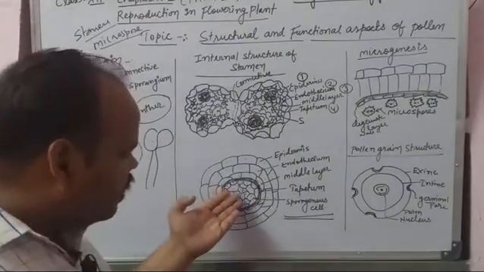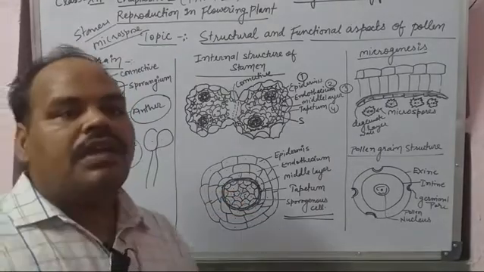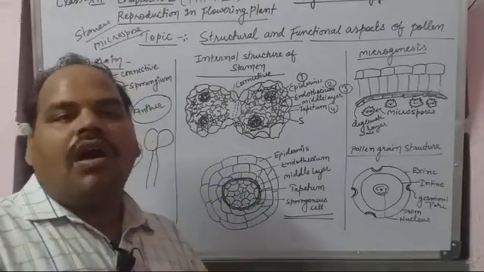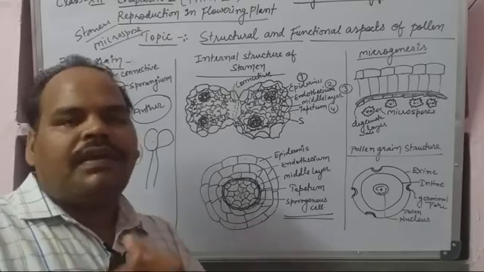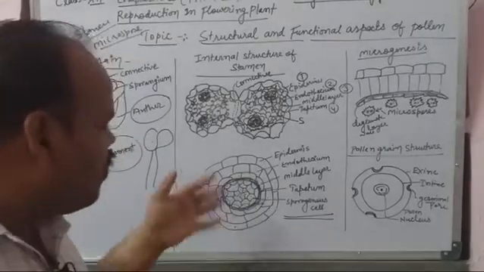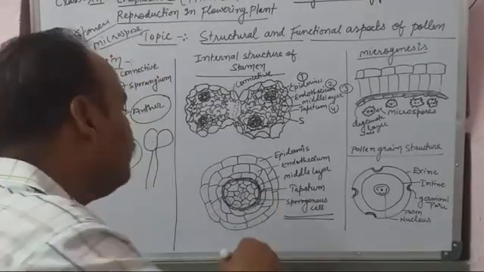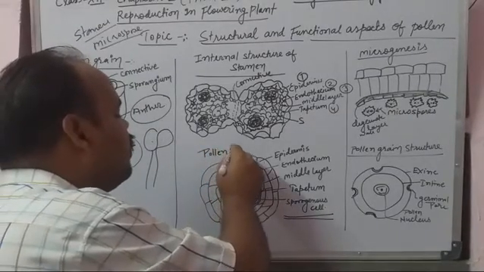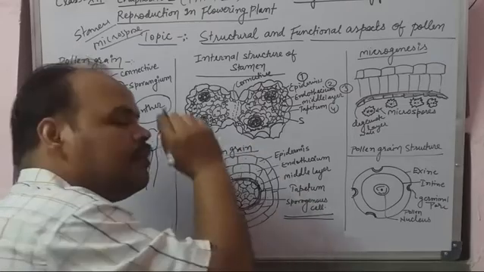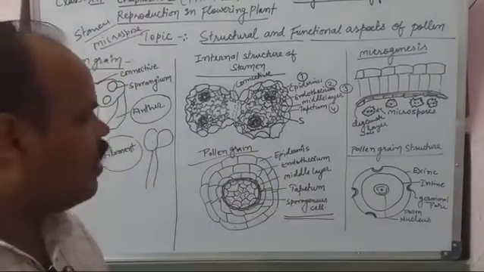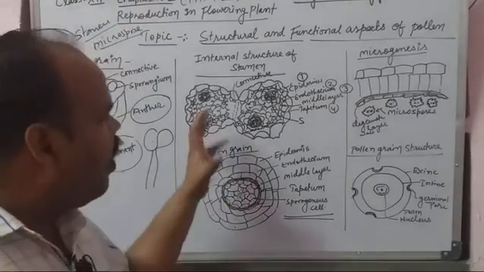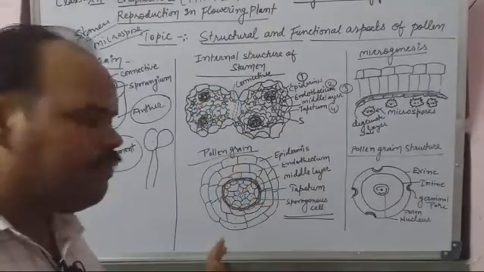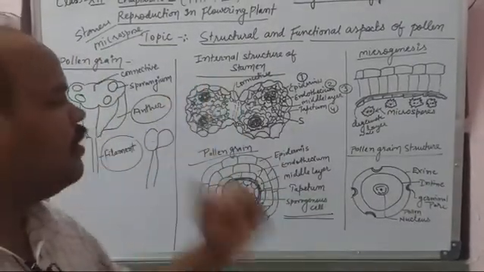The sporogenous cells divide and form pollen grains. So that is the internal structure of the stamen.